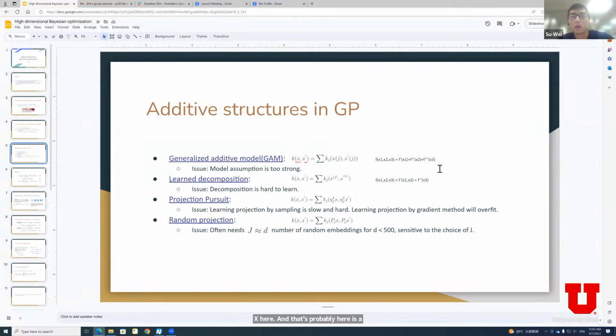So if you assume that my kernel is a summation of kernel functions over each individual element of x and x prime, then it is equivalent to assuming that I have an independent GP prior over functions of x1, function of x2, function of x3, and then add them together to get f. Okay, thank you.